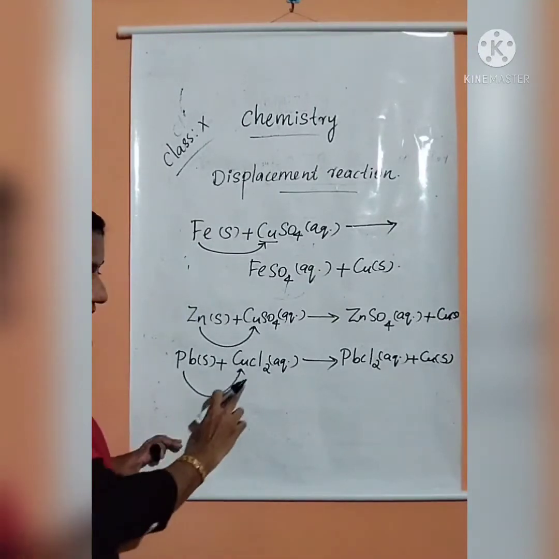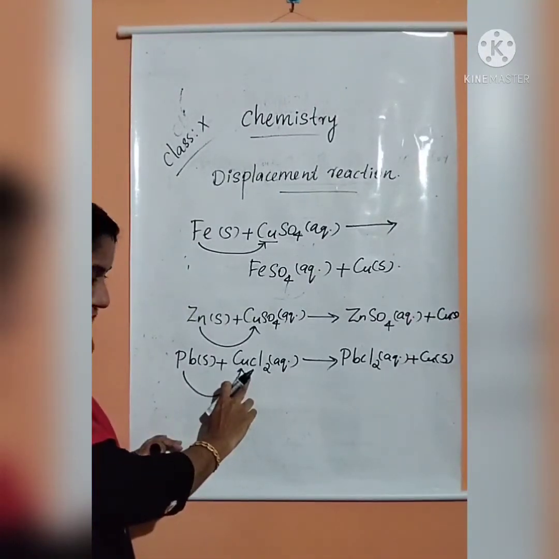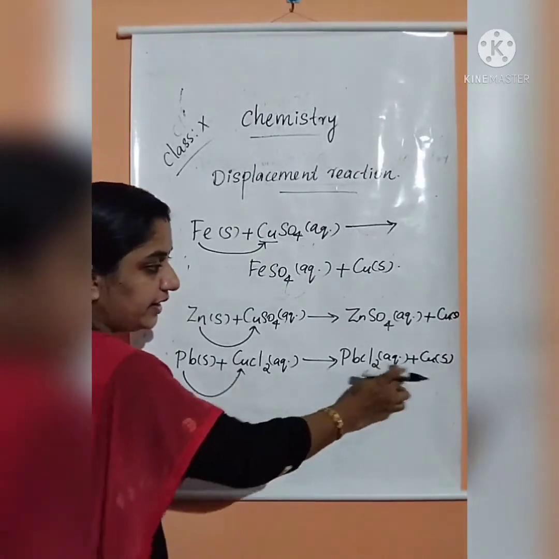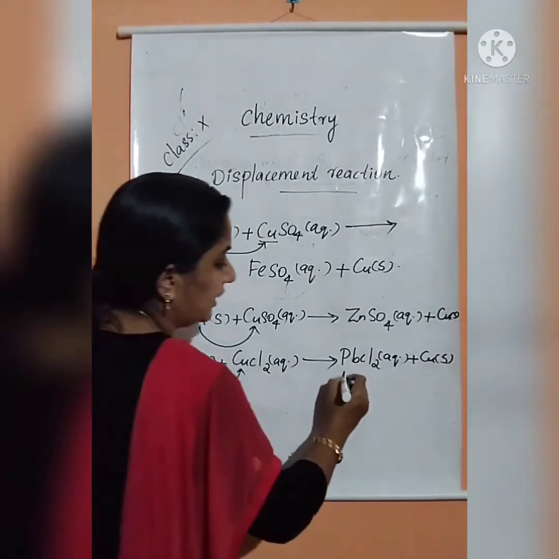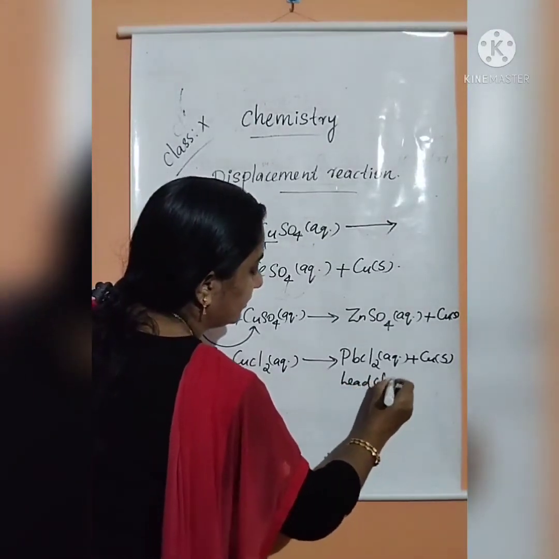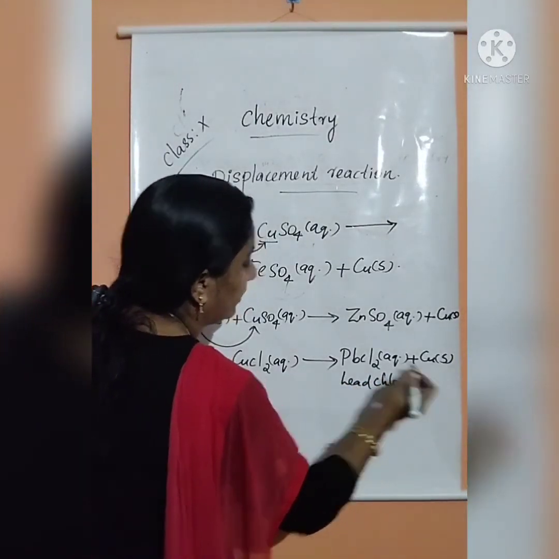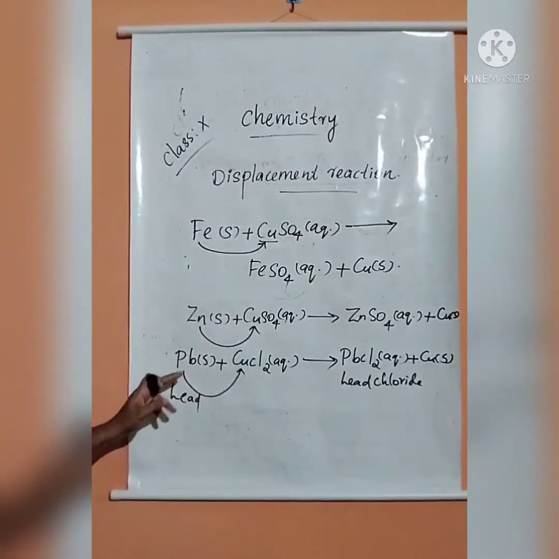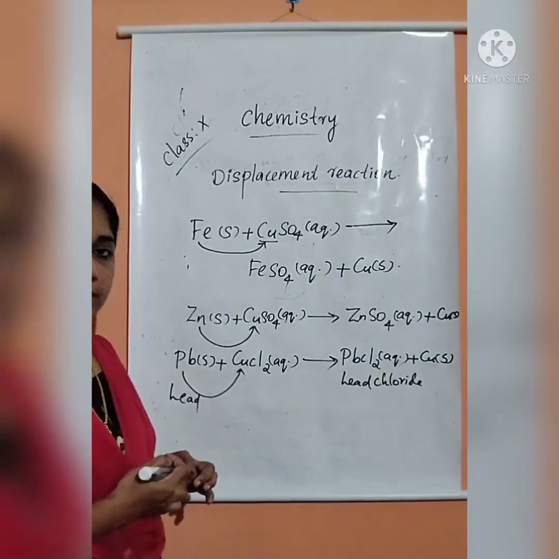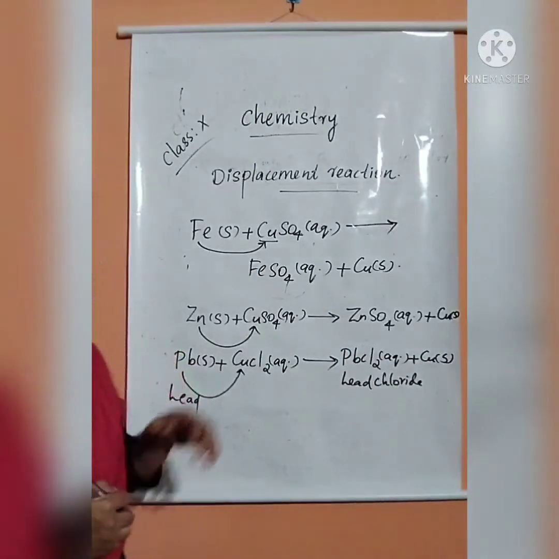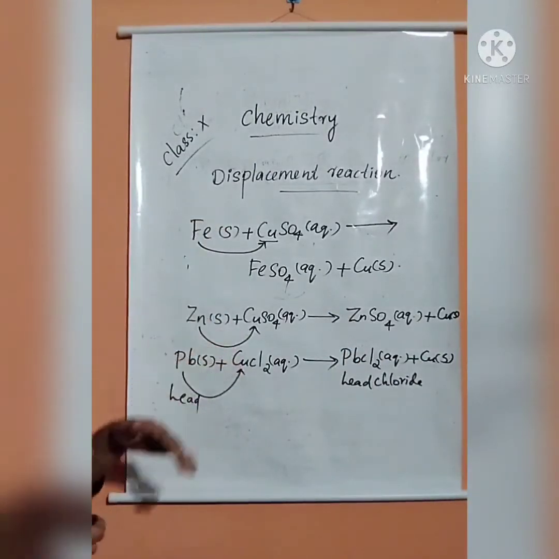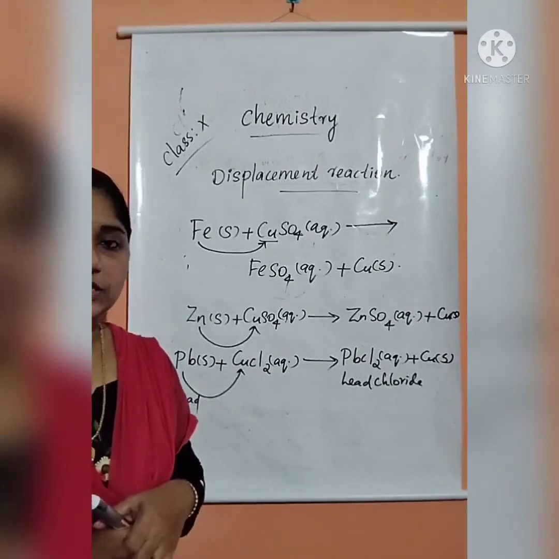Here lead displaces copper from copper chloride, and lead chloride and copper are formed. These are examples for displacement reaction.